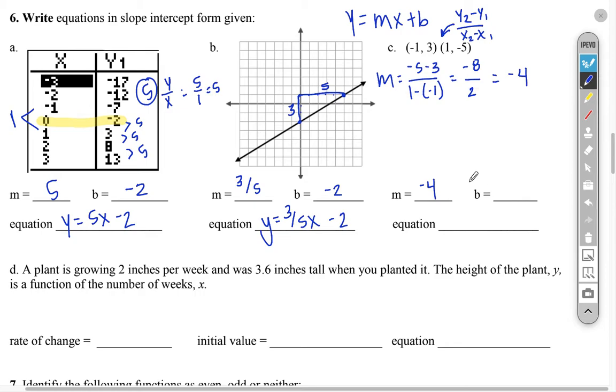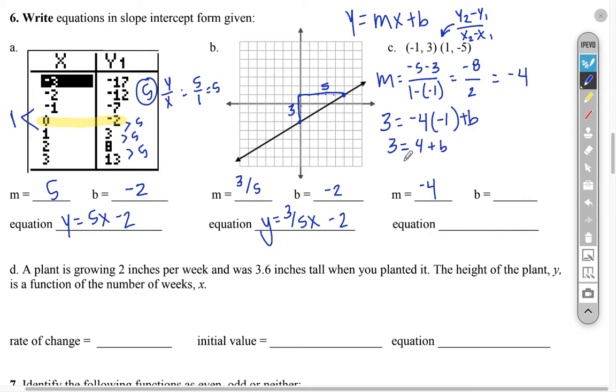So that's our slope, our m. And now we need to find our b, right? So we can find our b by plugging in a y, an m, and an x and solve for b. So I'm going to use this first ordered pair right here, and plug that in. So y goes first, so we have 3 equals m, which is -4, x, which is -1, plus b, which is what we're solving for. Okay, so now we have 3 equals -4 times -1 is going to become +4.